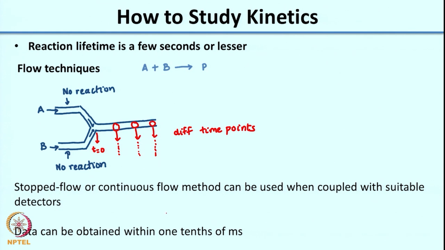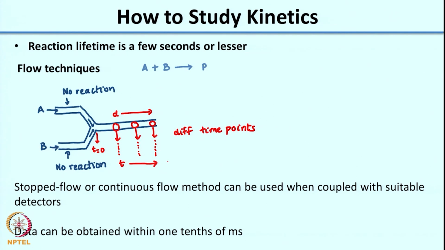Usually in a flask you mix everything together and then try to collect the data. Here, because it is a flow based reaction, at different distances along the pipe, as the distance increases, the reaction time also increases, and different methods are used to study the kinetics.